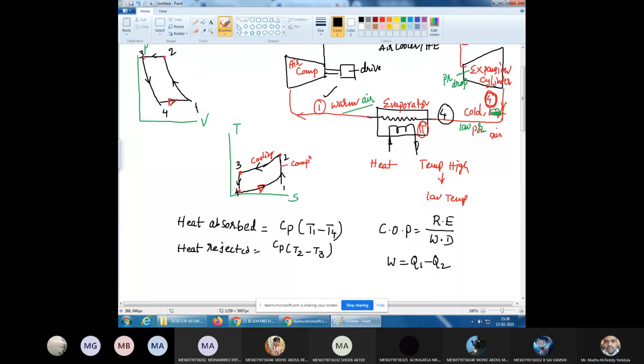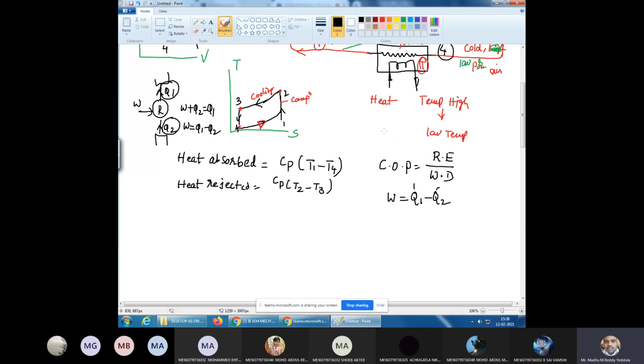If you recall the refrigerator, this is Q1, and this is Q2, and this is W. If you apply the energy balance, W plus Q2 equals Q1, so W equals Q1 minus Q2. Agree? Where Q1 is the heat rejected and Q2 is the heat absorbed.